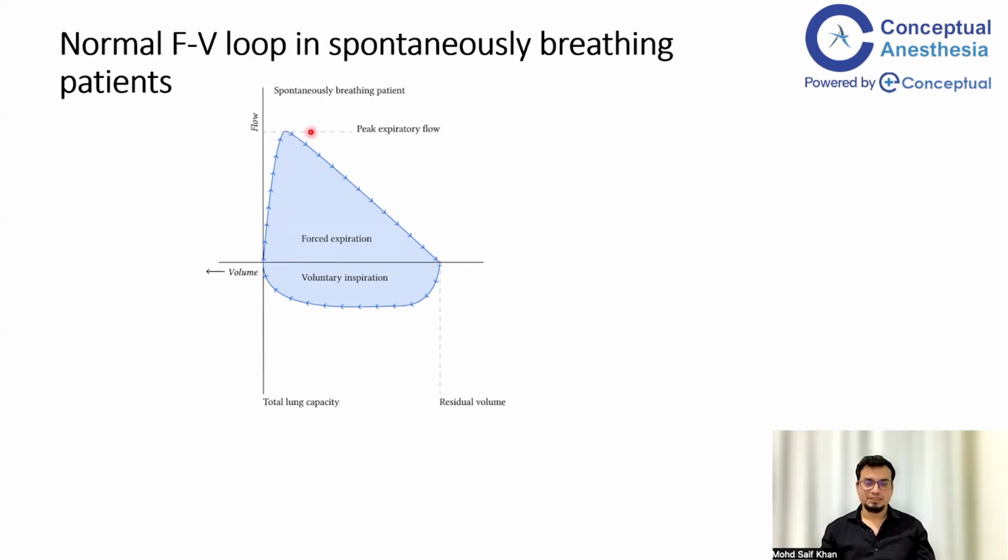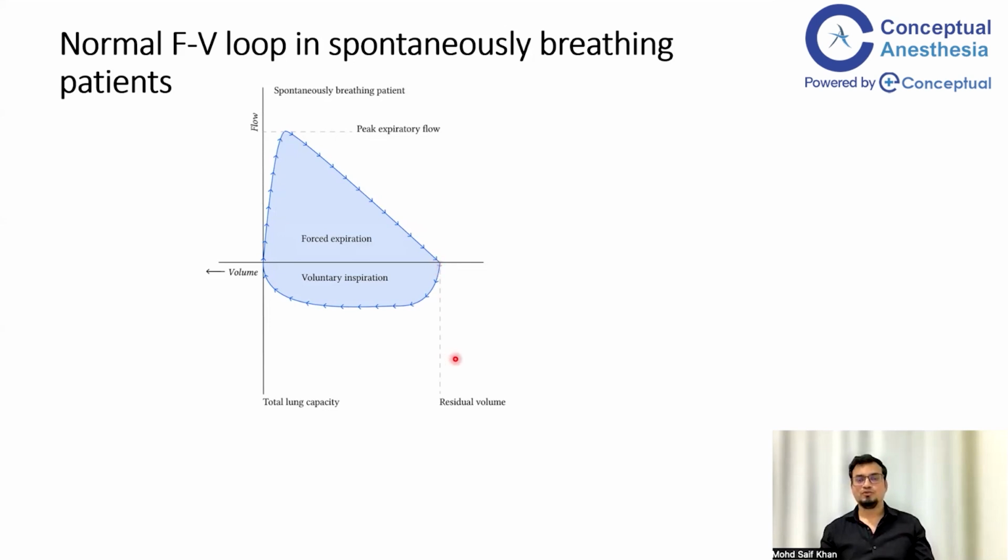That is your peak expiratory flow, and then it starts descending down till you reach the maximal point of expiration. After this you cannot expire more at all, and this is the point where you stop the expiration. This point represents the residual volume.